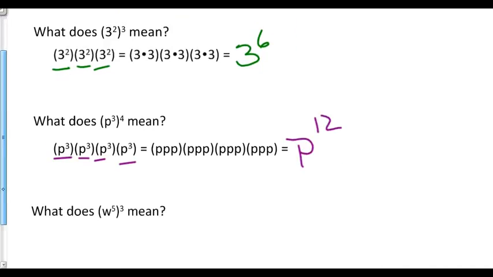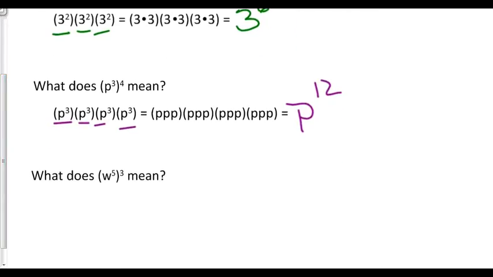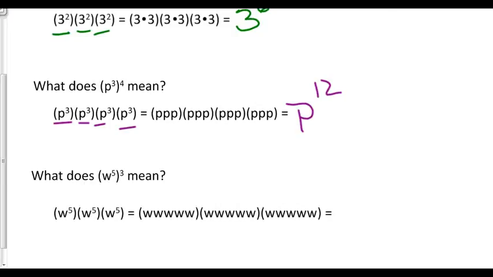So it's p to the 12th. W to the 5th, that quantity, raised to the 3rd power. Again, what does this mean? It means I'm using w to the 5th as a factor 3 times. So there are 5 w's in each of these parentheses here, which means, simplified, it's just w to the 15th.